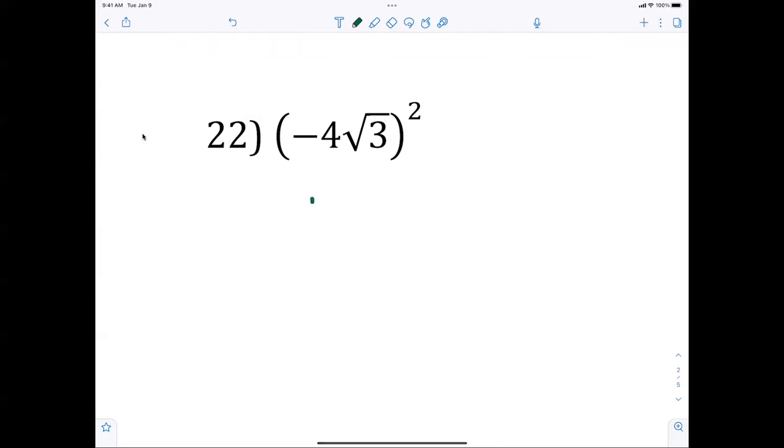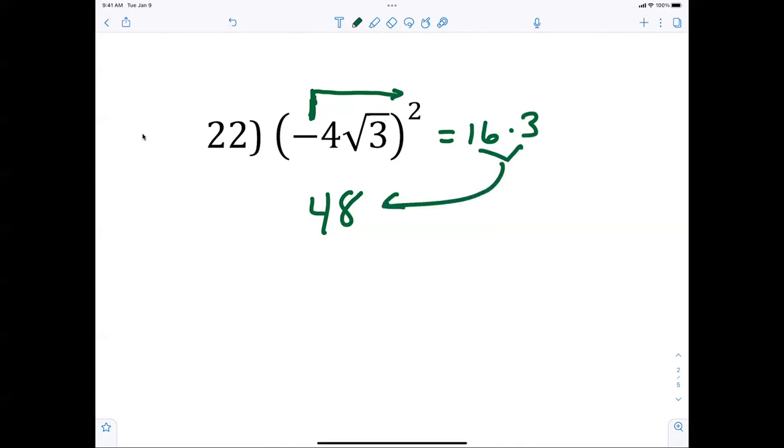Positive 48. Who said positive 48? You said negative. I said that. Now, the reason, again, take a look. For those of you who made a mistake, a negative squared is going to be what? Positive. So now you're just saying, what's 4 squared? 16. What's square root of 3 squared? 3. 16 times 3. 48.